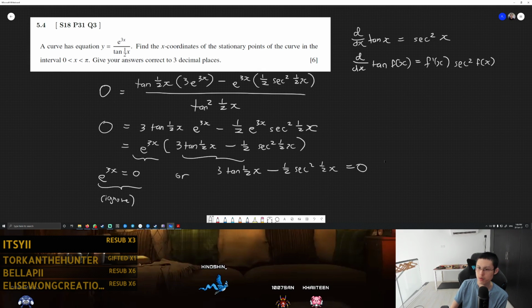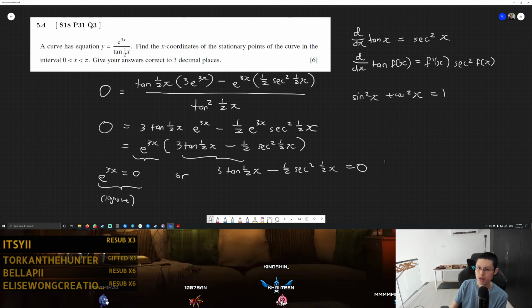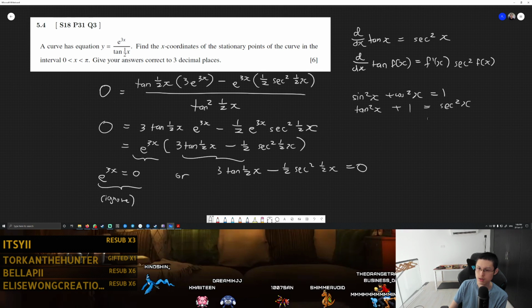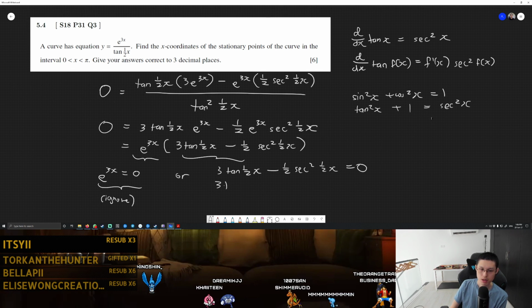We can use the basic identity: divide everything by cos squared x, which gives tangent squared x plus 1 equals secant squared x. So secant squared x is tangent squared plus 1. I'm going to put that in here.